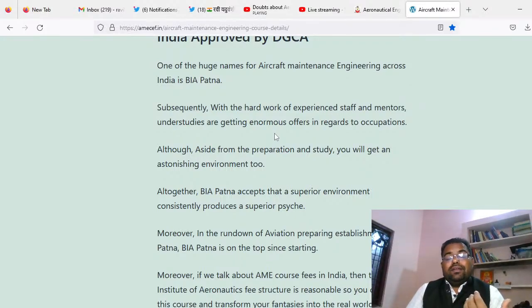There are more than 100 institutions in India offering the AME courses in collaboration with the DGCA. DGCA is approving those institutions, and there you can directly go and do a 3 year diploma course in AME, and parallelly if you clear those papers conducted by the DGCA, you will be a certified aircraft maintenance engineer.